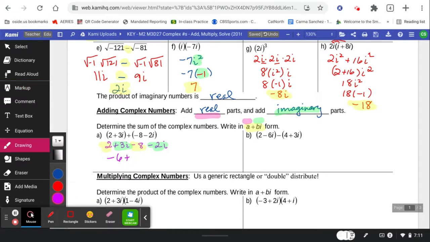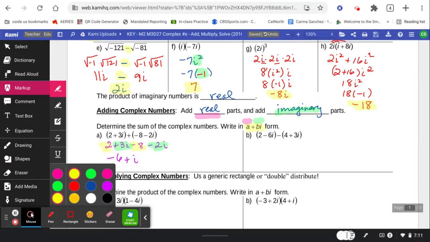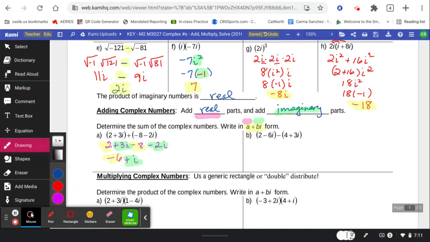That just gives us 3 minus 2 is 1i. So my final answer has a real and an imaginary part. That's my a plus bi format.